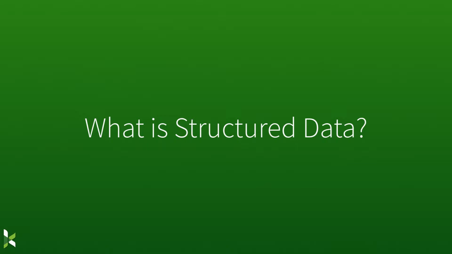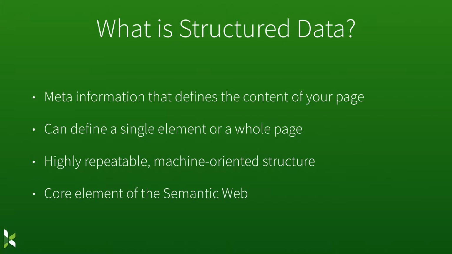What is structured data? All right. So when we're talking about structured data, this all goes to the concept of the semantic web, which is a very old idea, that we provide meta information about the content that's on the web to help explain the contents. There's a number of different facets to this, right?